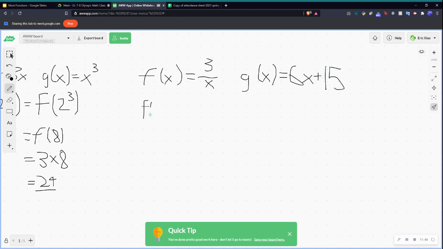All right, so we're finding f at g of negative 3. So we just substitute negative 3 into g. So 6 times negative 3. Oh, it was not negative 3. It was negative 5. My bad.